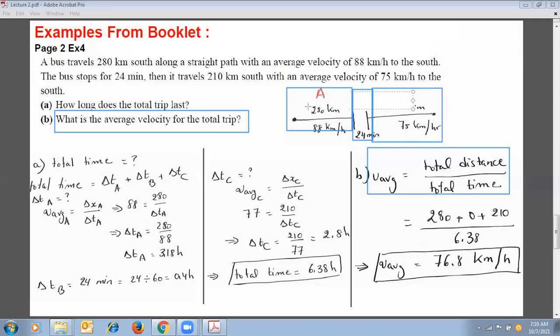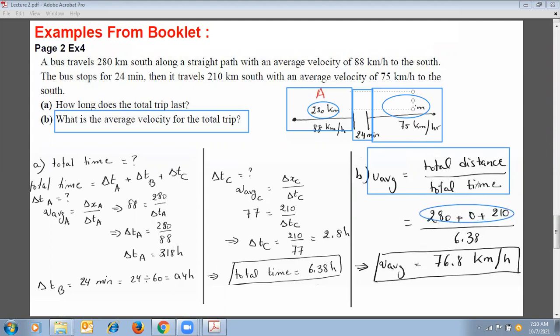The distance by A is 280 kilometers. It's given over here. The distance by B is 0 because it stopped for 24 minutes. Then the distance by C is 210 kilometers. So you add them up.